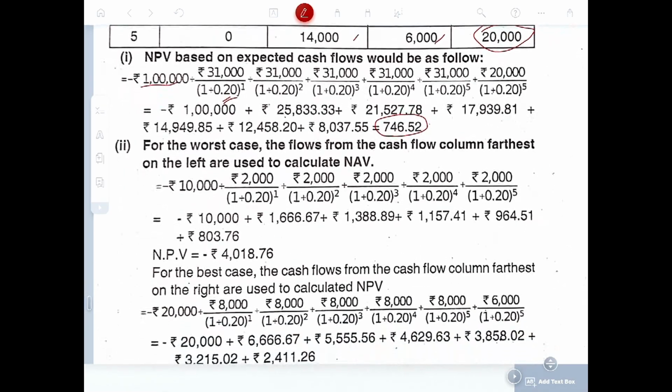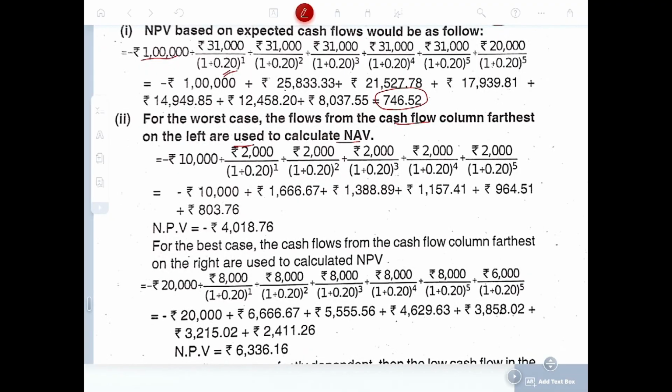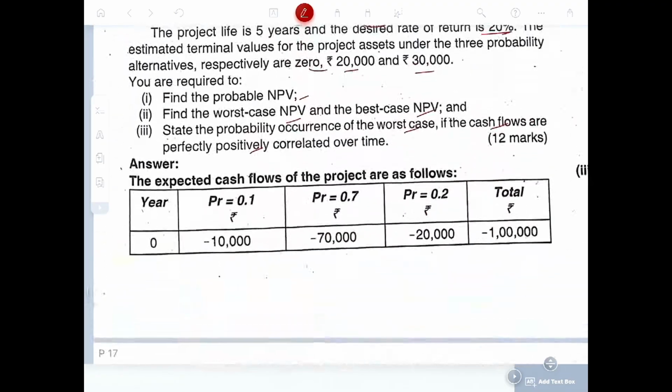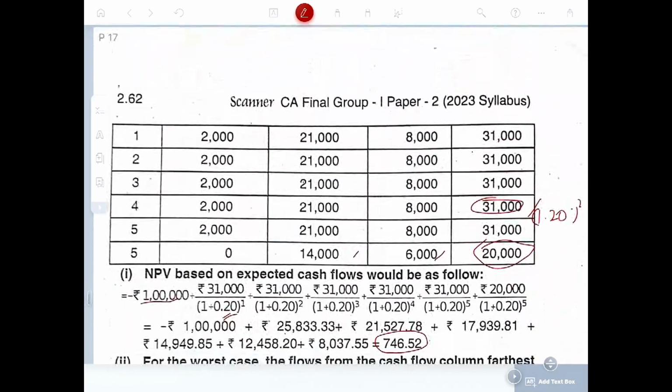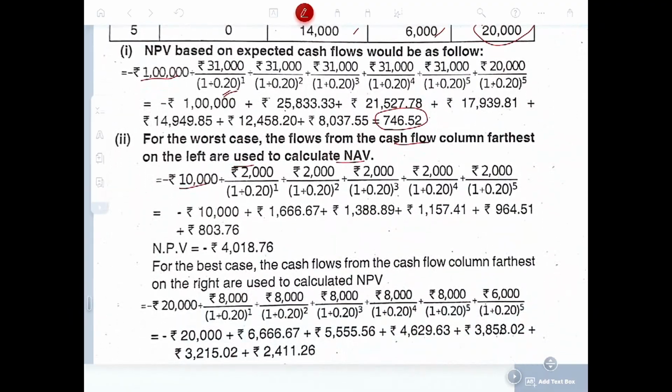The worst case scenario of the cash flow is computed using the net present value. 10,000 for the worst case scenario is 0.1%. So 2,000 revenue, 2,000 by 1.2, 2,000 by 1.2 squared, giving minus 4,000 rupees present value.